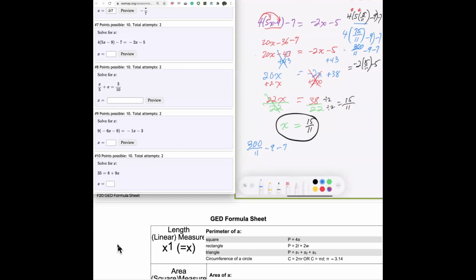So that's going to give us, oopsie, not negative 9 here, but negative 36 minus 7. So let me fix this over here. And why don't we just combine these two? 300 over 11 minus 43.